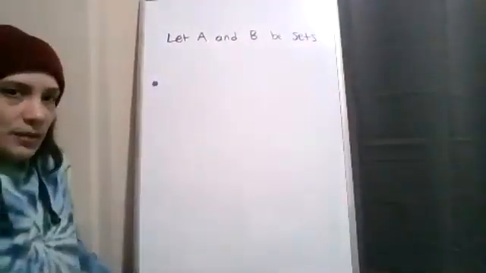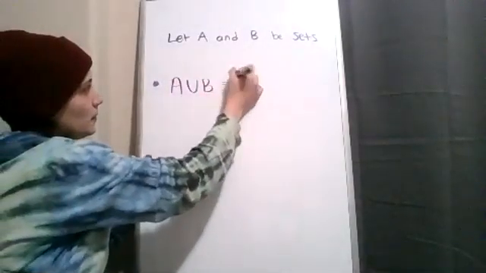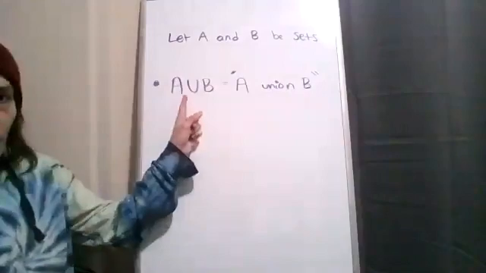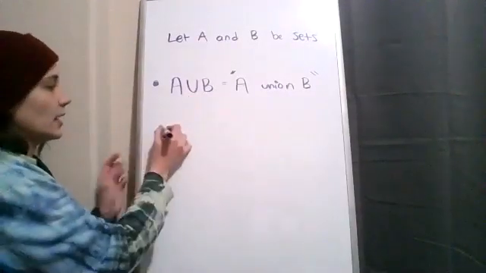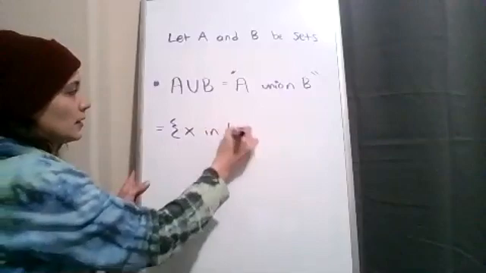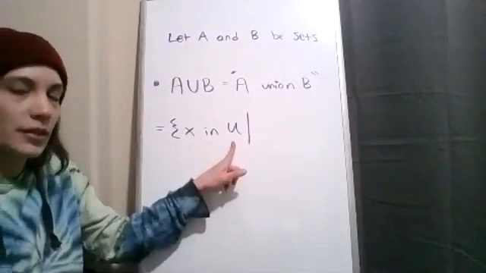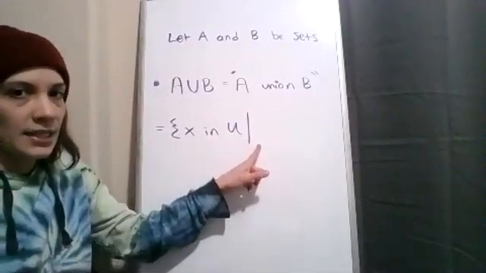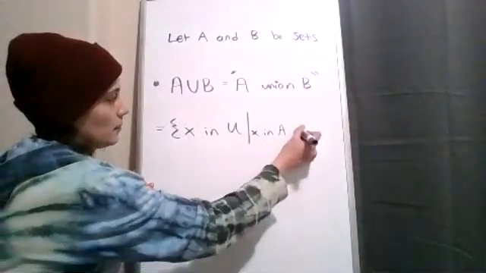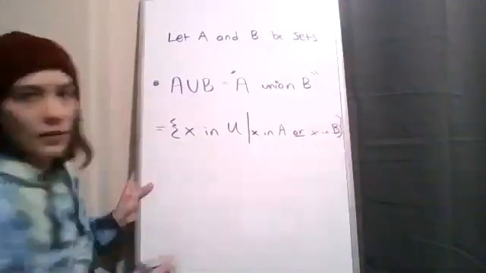Okay, first, A union B. Union is for or, so this is the set, A union B equals the set of x in U such that, so elements x in capital U, the universe, such that x is in A or x is in B. And close the set.